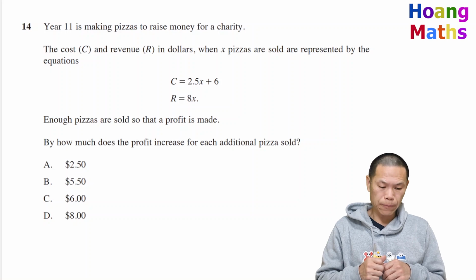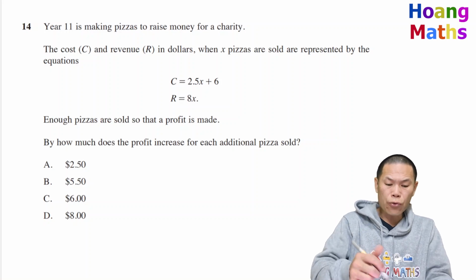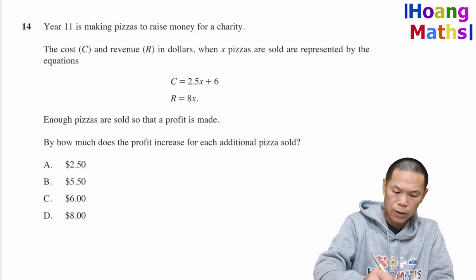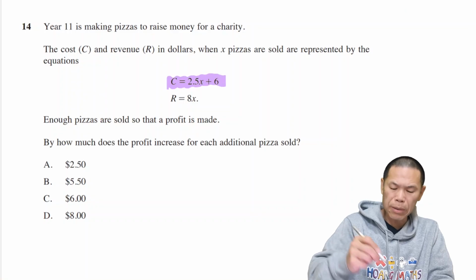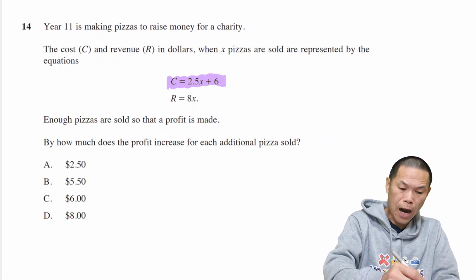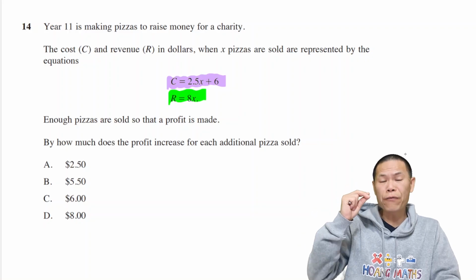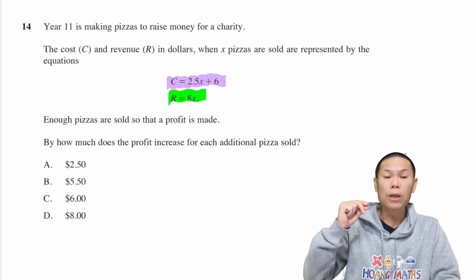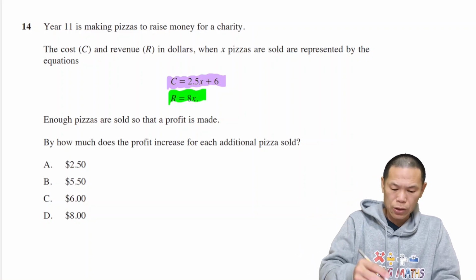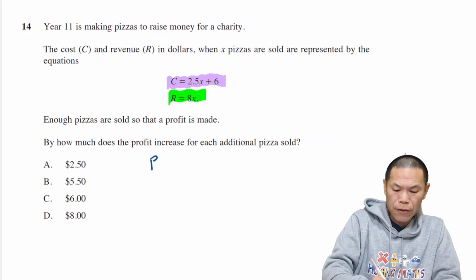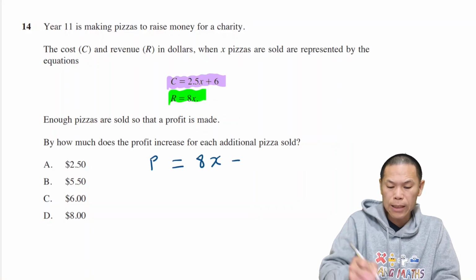Question number 14. So we know that C is the cost to make a pizza. And R is the revenue. And we know that profit is equal to revenue minus the cost. So that is profit is equal to revenue, that is 8x, minus the cost.